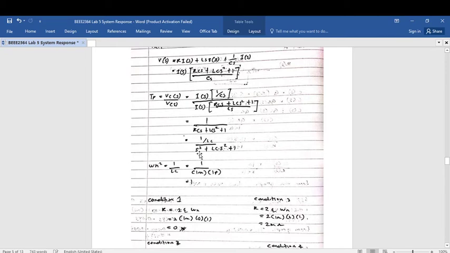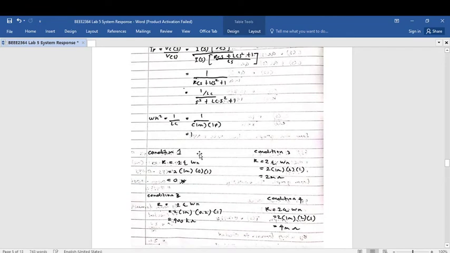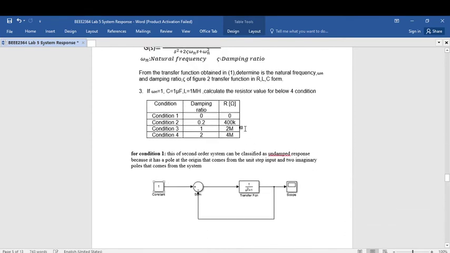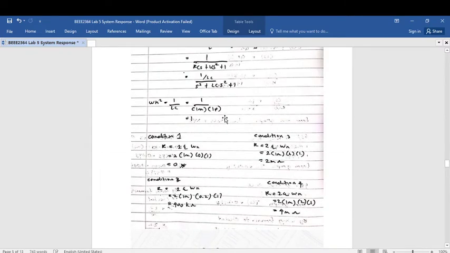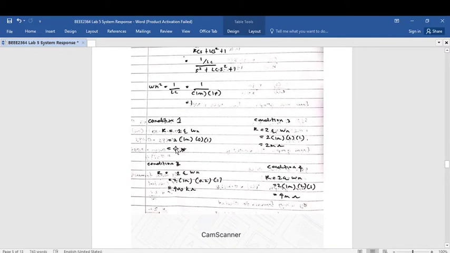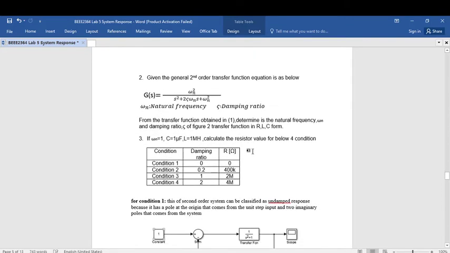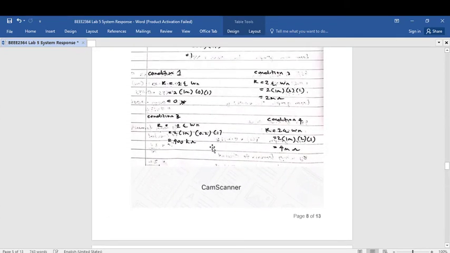And lastly, we obtained the natural frequency is 1, and then we can find the resistance for every condition that has a different damping ratio. For condition 1, we get 0, condition 3.